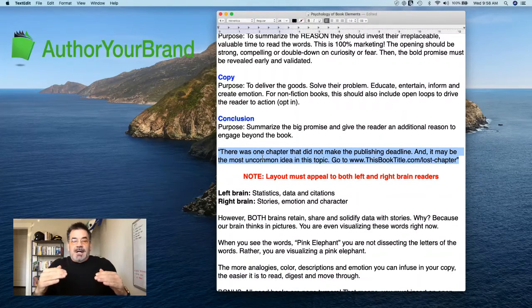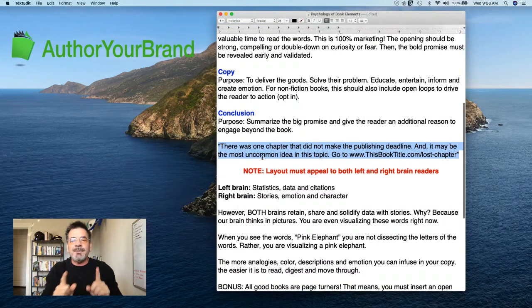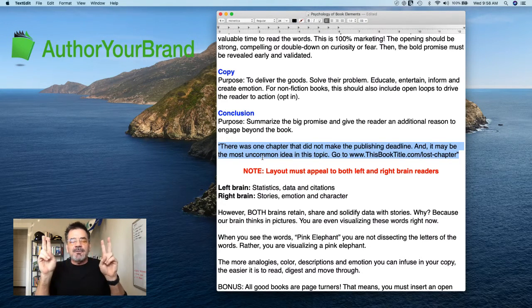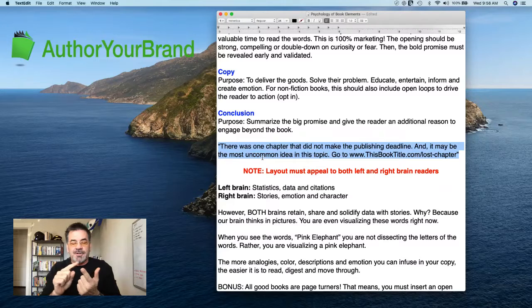Now, the layout, the copy inside our book, must appeal to both left and right brain readers. When you write, when you take the person's interviews and content, keep in mind different types of people will read this book. So yes, stories are our main way to share, communicate, and memorize things. But some people are left brain readers.